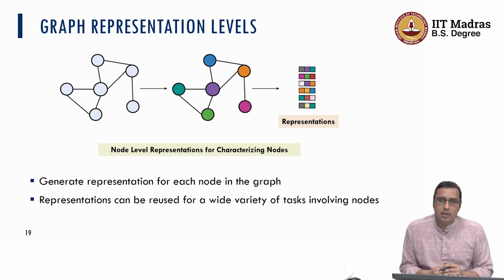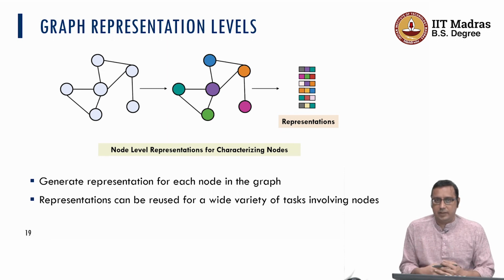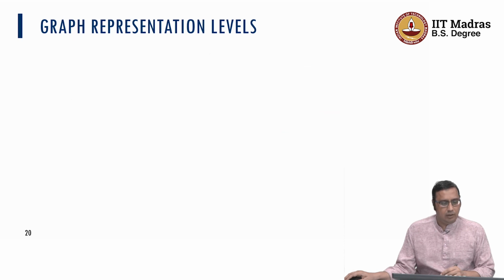It can be node classification, link prediction, community detection, but the embedding remains the same, and after that we can use it for different purposes. So that is one way we can use graph representation for node embedding.